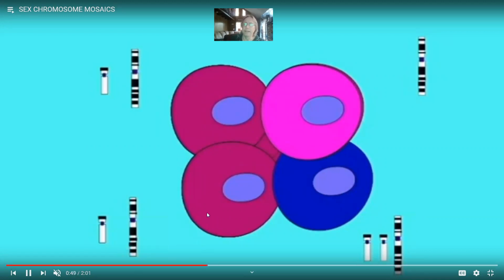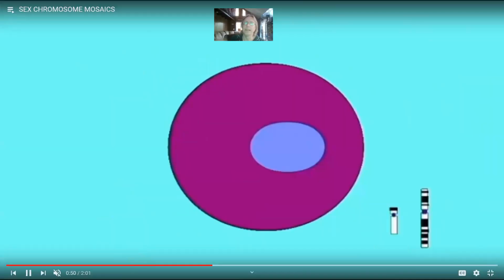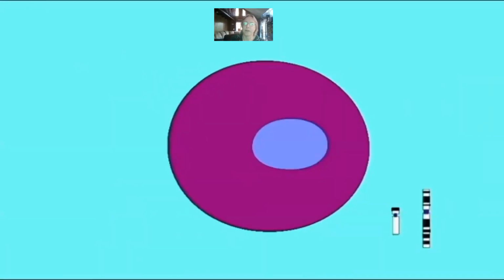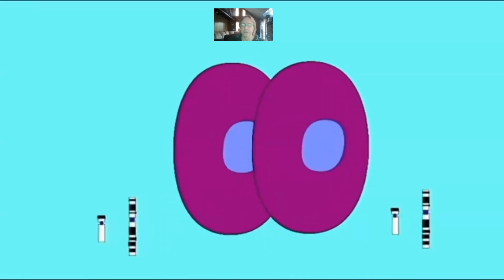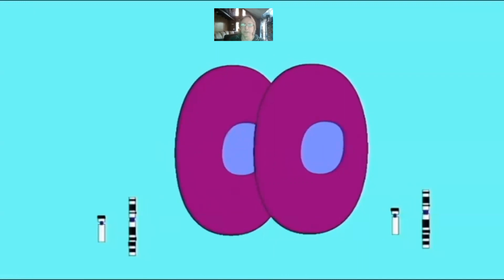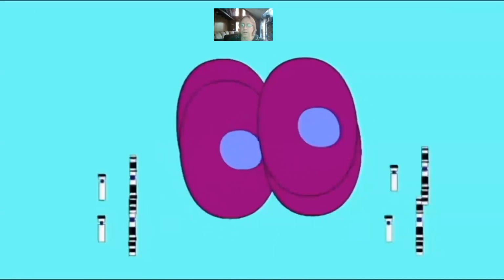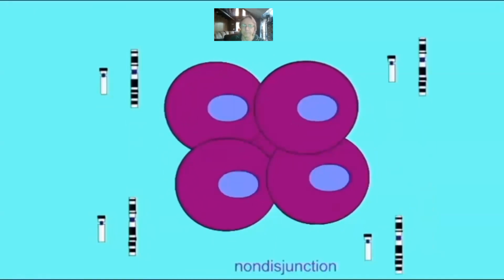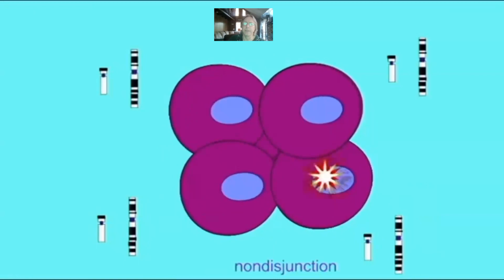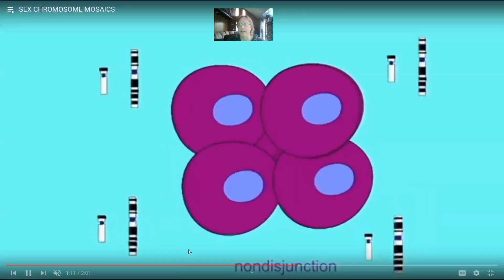Or this could happen later. And so individuals can then be mosaics. There is an abnormal karyotype, an abnormal chromosome count in some of their cells, but not necessarily all of their cells. And so then you want to know, well, how big is the area of their body that's affected? When in embryonic development did this non-disjunction happen?